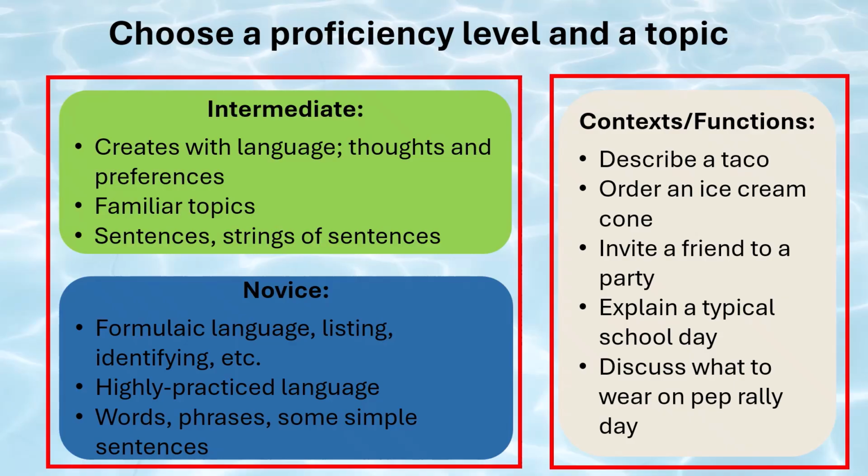For example, you might ask your students, how would a novice learner describe a taco? How would an intermediate learner invite a friend to a party? You could even use the same context or function and have students explain how a novice versus intermediate learner would explain a typical school day.